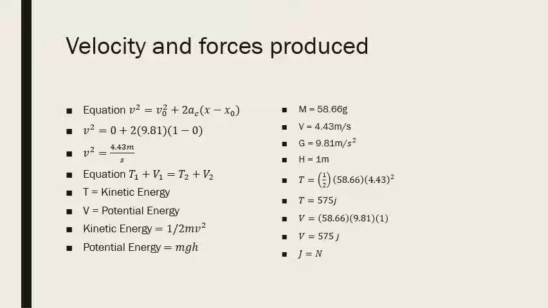To find kinetic energy, I did 1/2 times 58.66 times 4.43 squared, and that gave me a total of 575 joules. For potential energy, I multiplied 58.66 by 9.81 by 1, which then also produced 575 joules. Quick note, 1 joule is equal to 1 Newton.